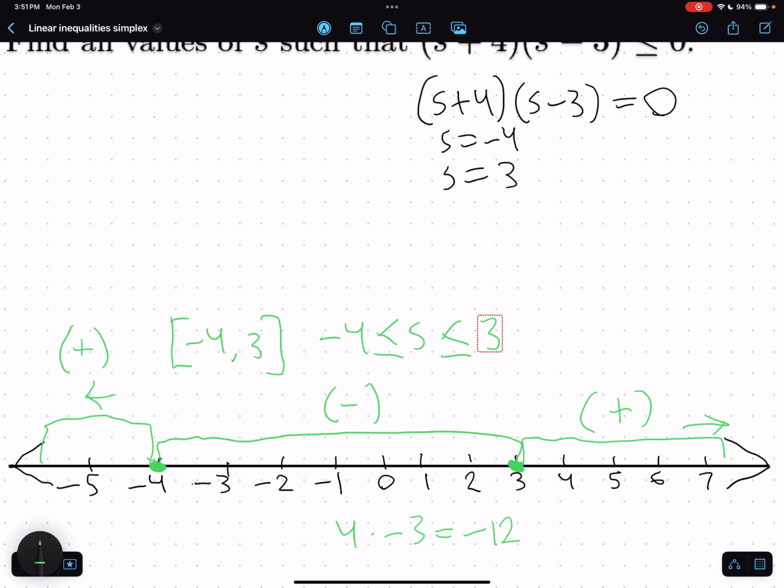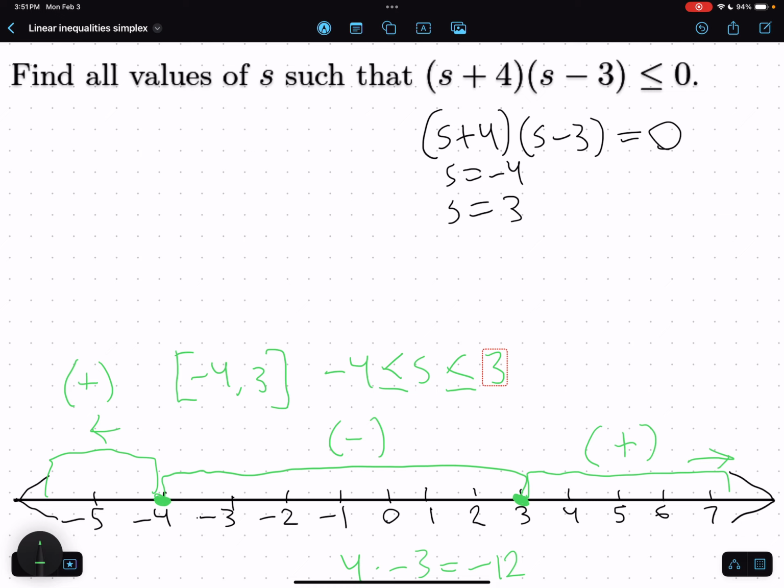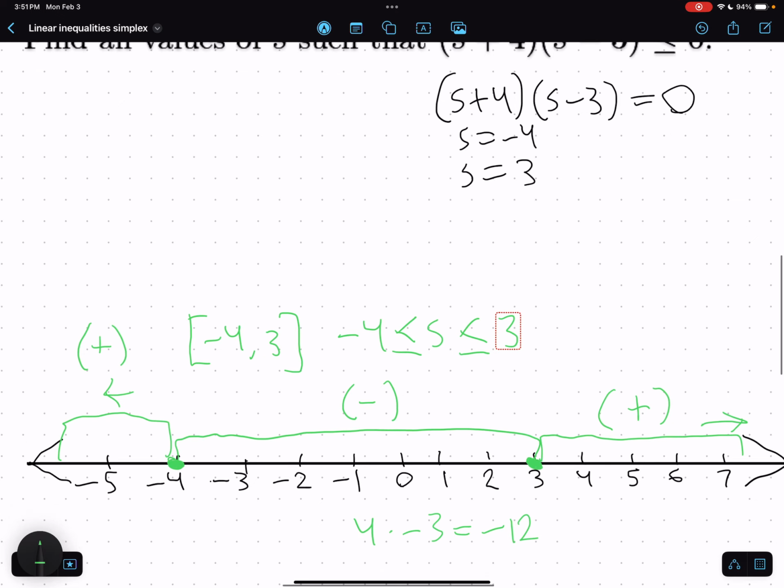And since the inequality asks for all values of s that are less than or equal to 0, we're going to use the number line here to find the solutions to this inequality. So they want to know less than or equal to 0. That means we need to include all the points within this negative region over here, because we want our value to be negative, going downwards until we reach the negative 4.